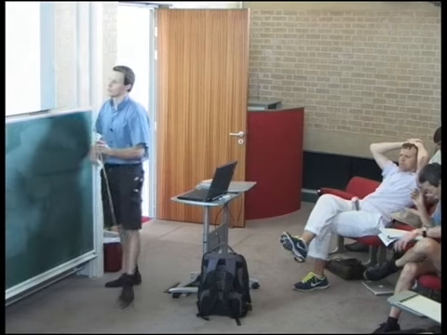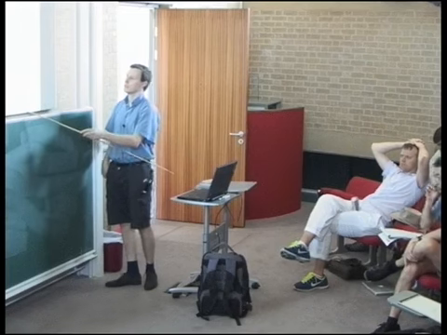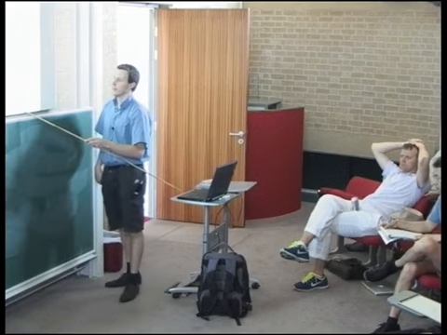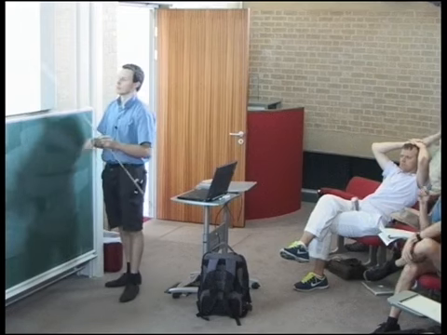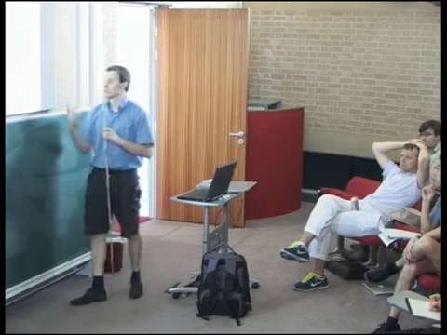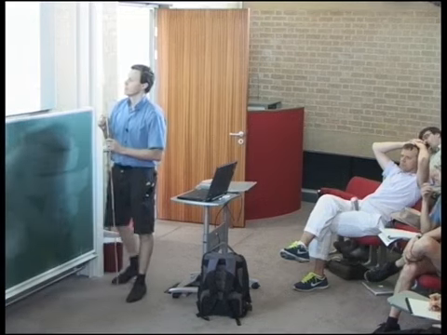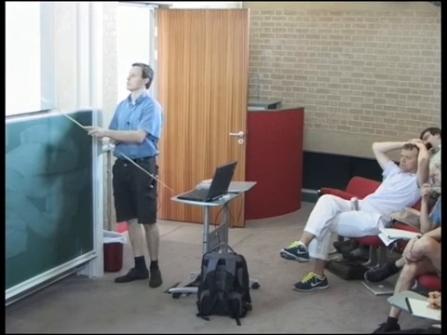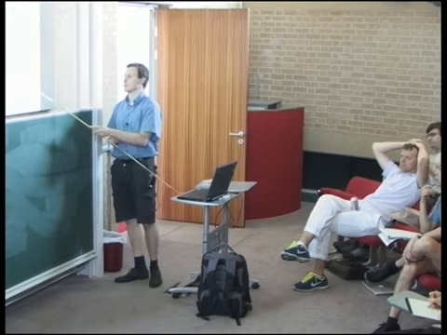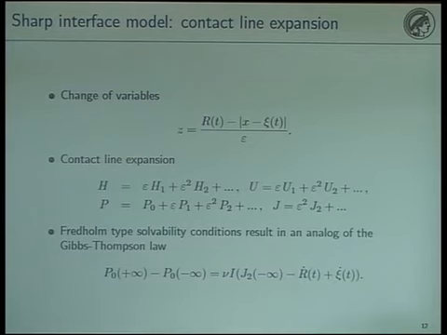And if you put viscosity to 0, you see that this jump is equal to 0, and that is exactly what was obtained by Glasner and Witelski for the weak slip region. They don't have a jump of pressure in this region, but as soon as you have a viscous term in your model, you obtain a jump which depends in an interesting way on velocity and pressure change of the drop.